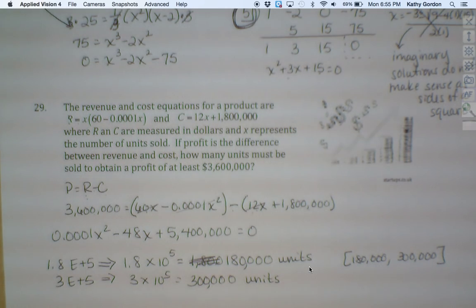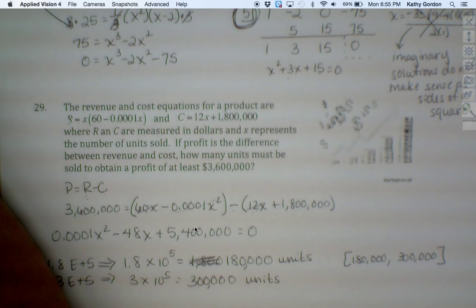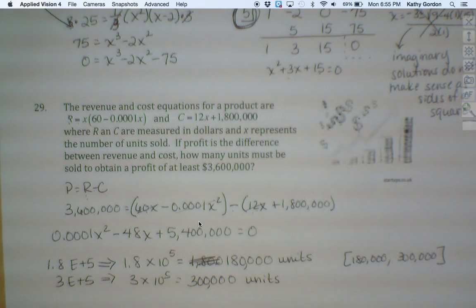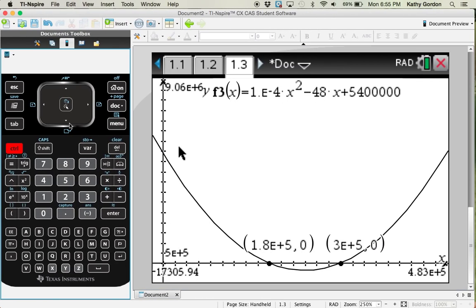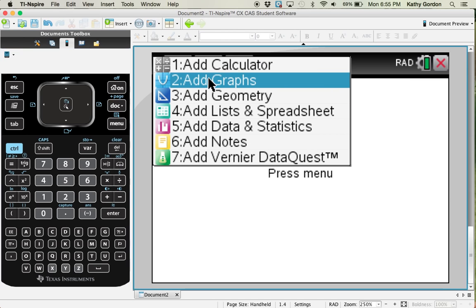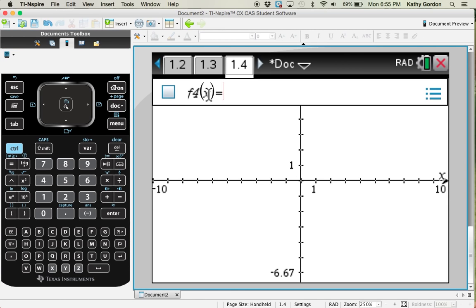Now, I told you I would show you another way that you could think about this without actually having to set up this quadratic. We can actually go right back here to what we started with and figure out the answer just from that. And let me show you how. Let's add one more page here so we don't get all cluttered up. All right, so we said that we needed to take r minus c in order to get at least 3.6 million.